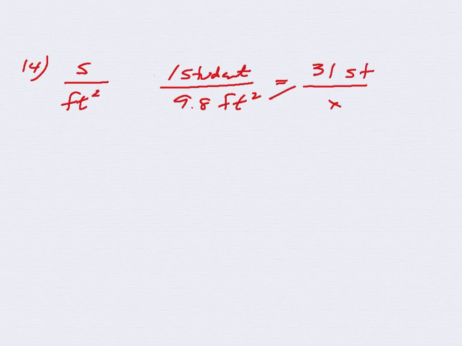So cross multiplying and dividing by 1, you're going to take 31 and multiply it by 9.8, and you're going to get 303.8 square feet. If the students go up, the space should also go up.